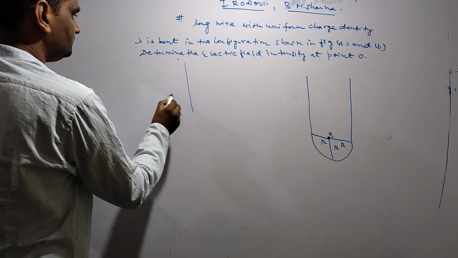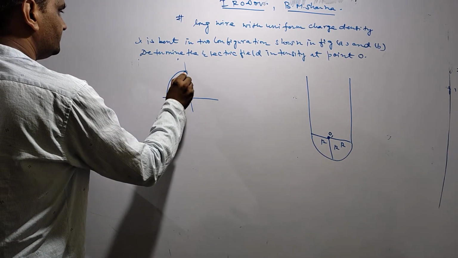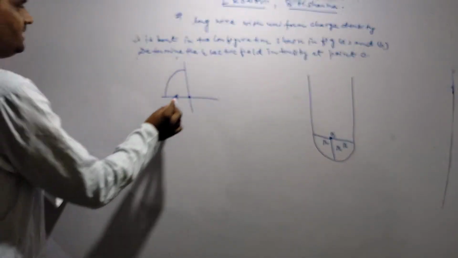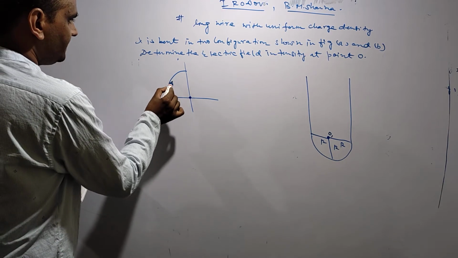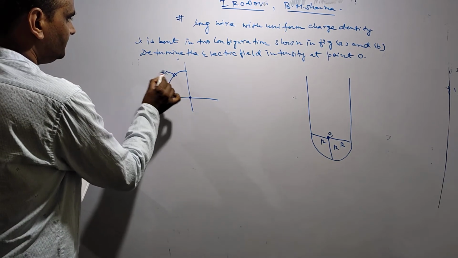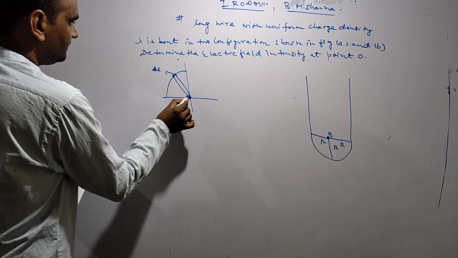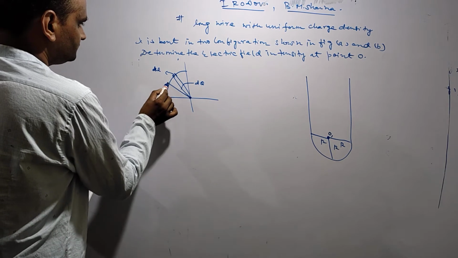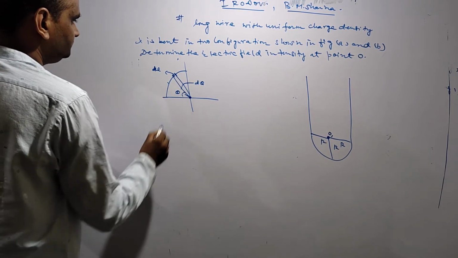So this is 90 degree and this is center. So we want the electric field at this point, so we can take a small dl subtending an angle d theta, and this is theta.